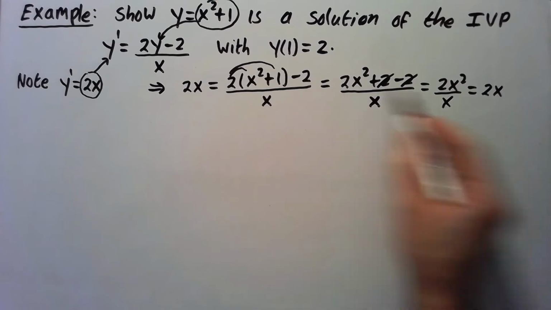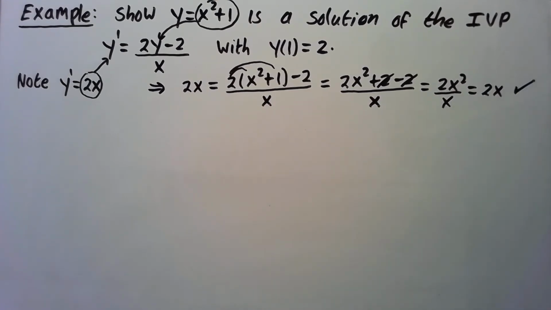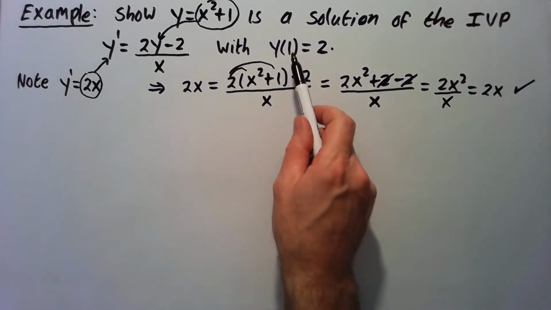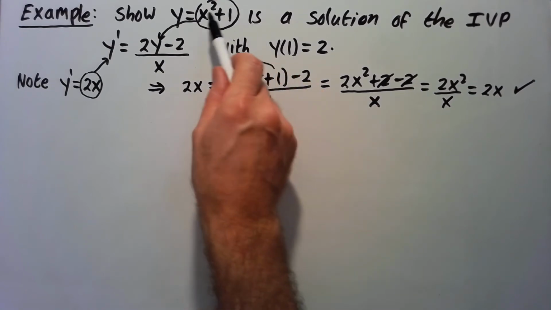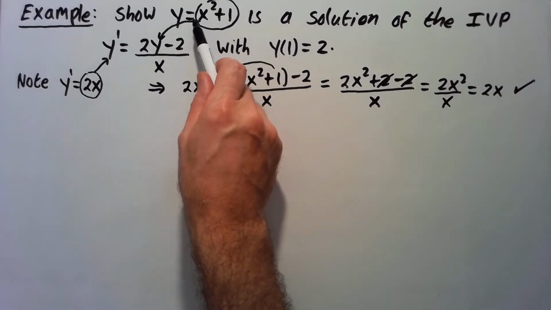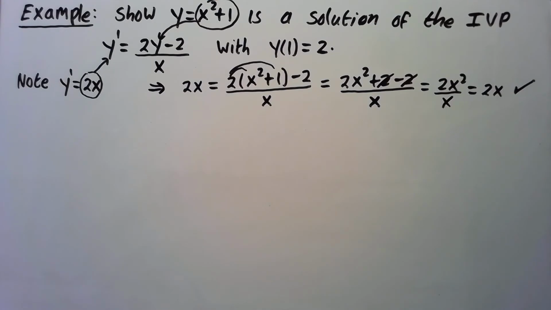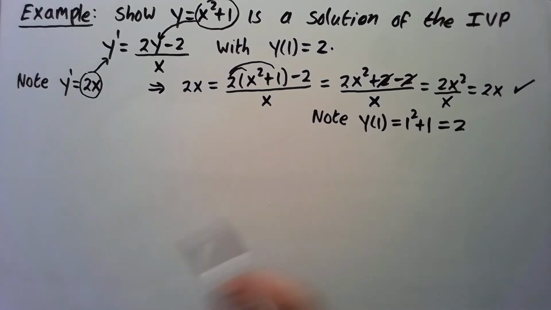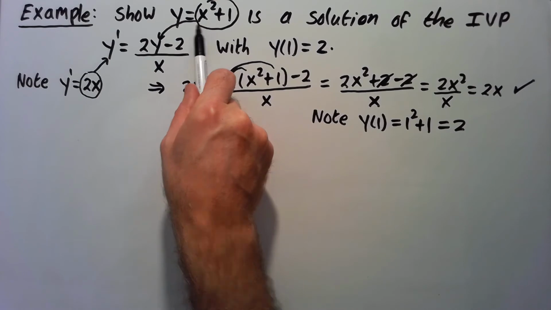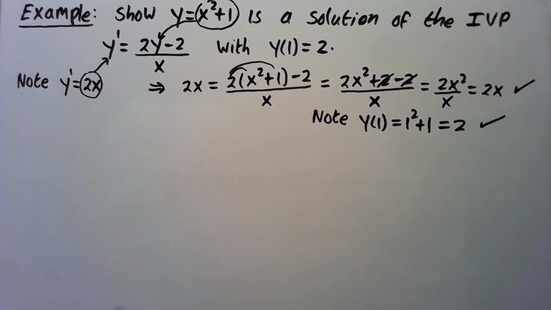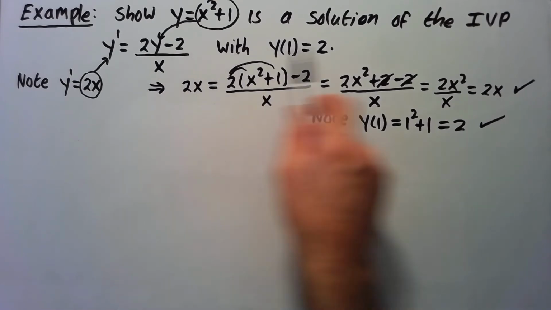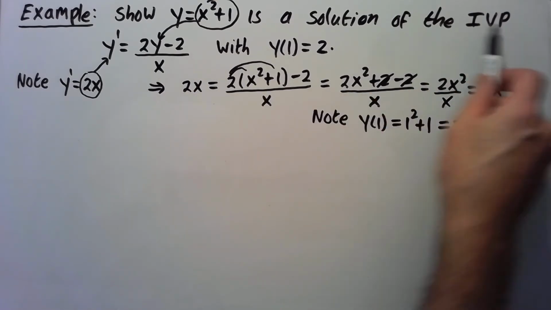So we've shown 2x equals 2x, so check. Also, let's check that when x is 1, y should be 2. Putting 1 in place of x gives 1 squared plus 1, which is 2, so it checks. Therefore we've shown that it satisfies this initial value problem.